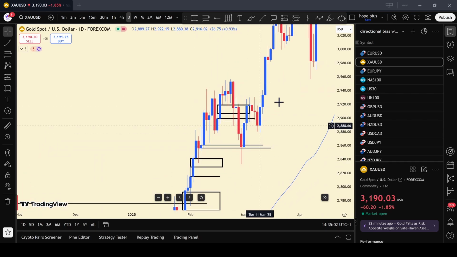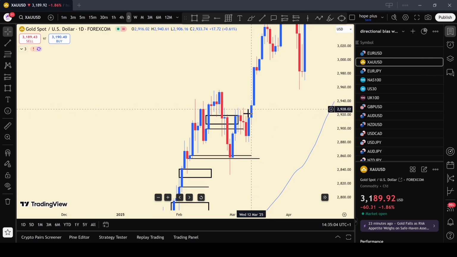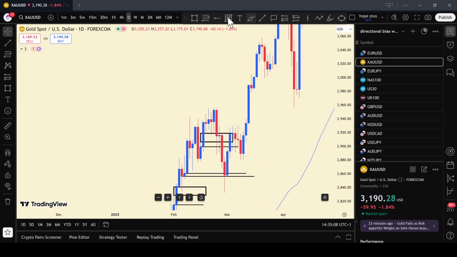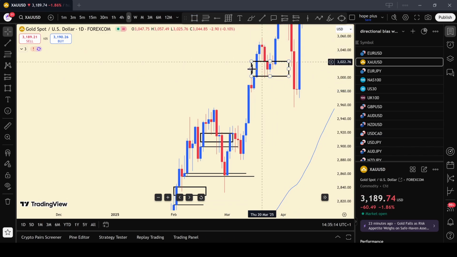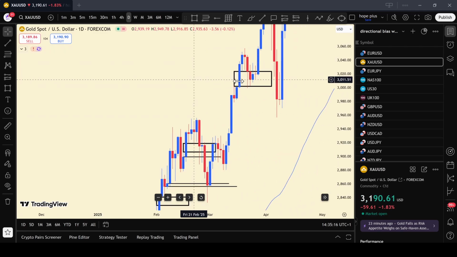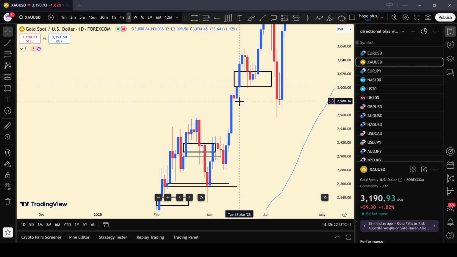So pushing forward, we have a fair value gap here, but price did not come all the way down. In this case here, we have one here. This appears to be wide, but if you look at your left, there is no opening price, because when price came in here, it was in uncharted territory.